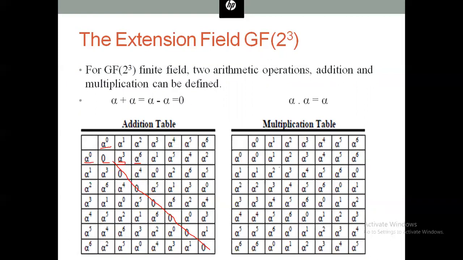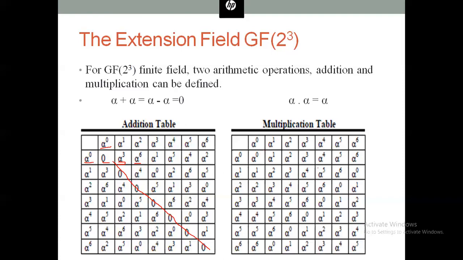Similarly, we map the entire table for this addition, and for multiplication we add up the corresponding powers, and if the power is 7 or greater than 7, we consider it 0 for a7, a8 is a1, a9 is equal to a2, and a10 is equal to a3, and similarly we have this multiplication table for the multiplication process.